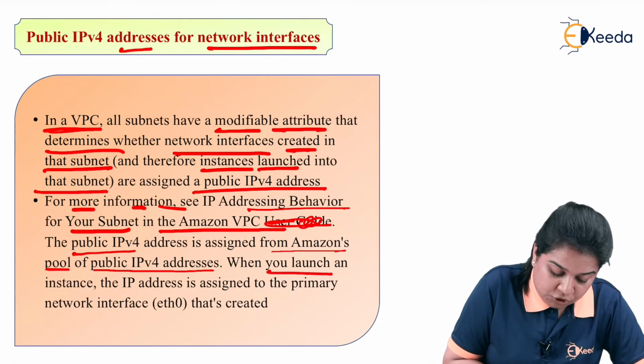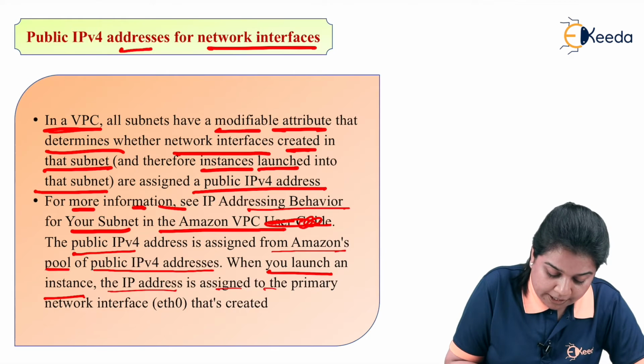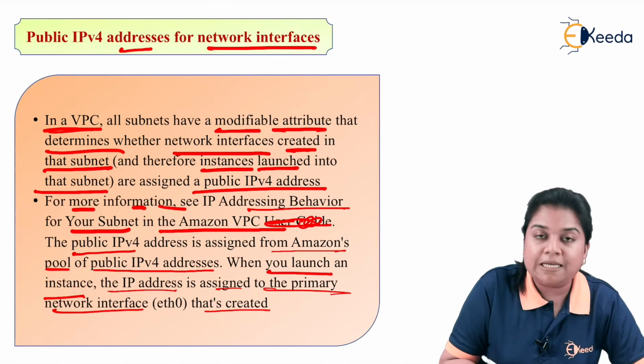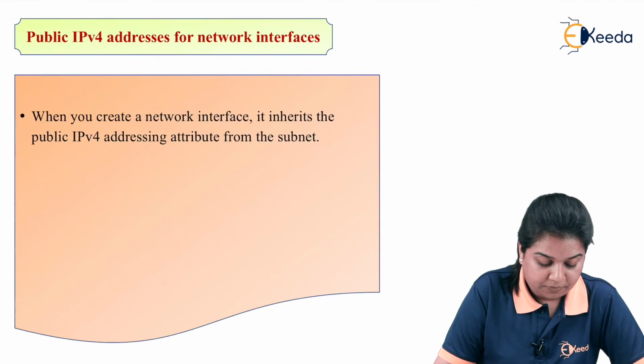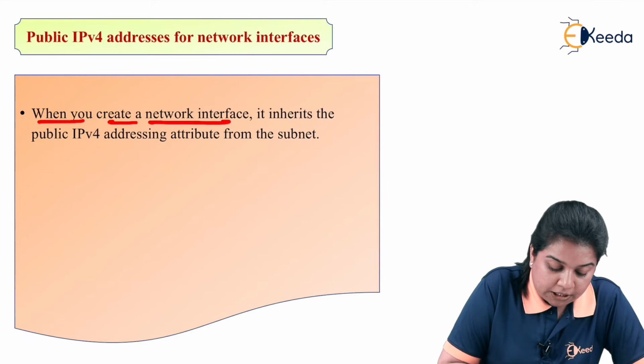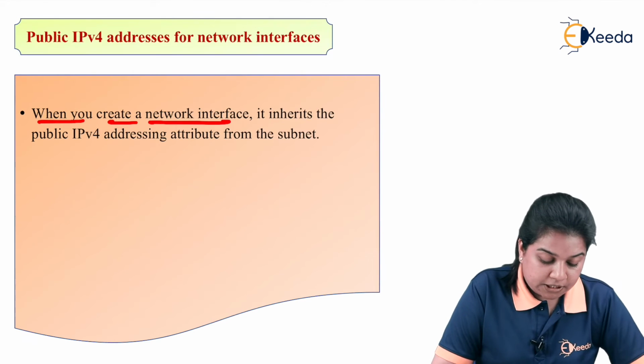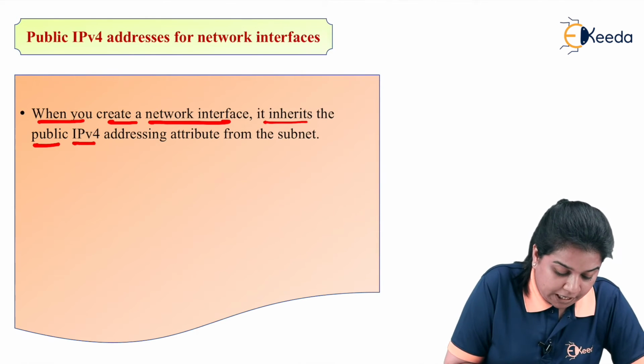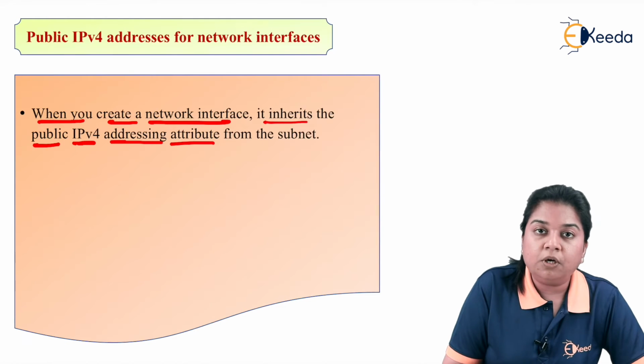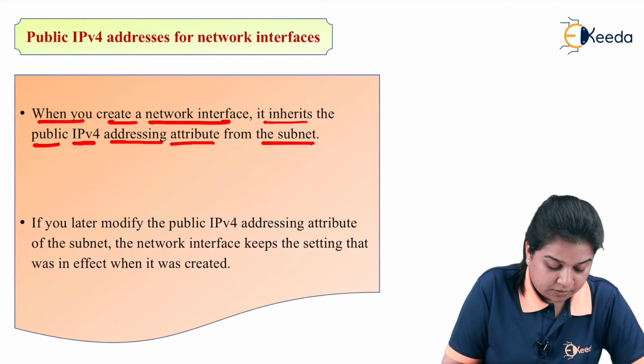When you launch an instance, the IP address is assigned to the primary network interface that is created. When you create a network interface, it inherits the public IPv4 addressing attribute from the subnet.